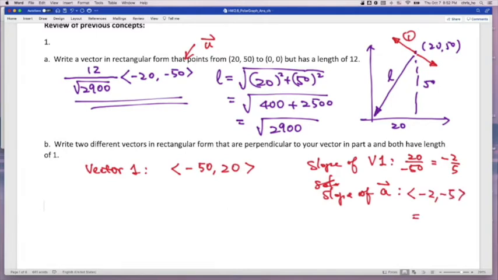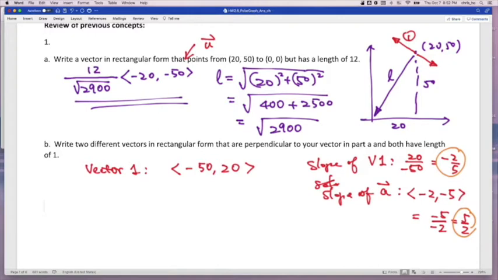So that would be minus 5 divided by minus 2, which is 5 over 2. And you notice if I multiply these two quantities together, I'm going to use orange to highlight. If I multiply this, it has a product of negative 1, which indicates that the slopes are indeed perpendicular to each other. Okay, so with that, I want a unit length of 1.